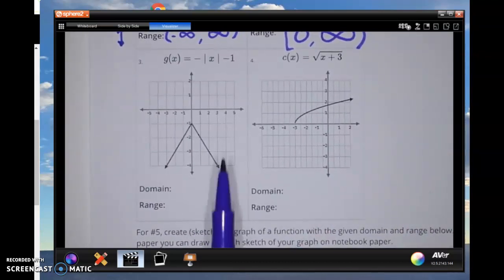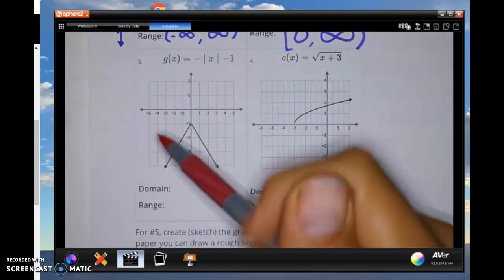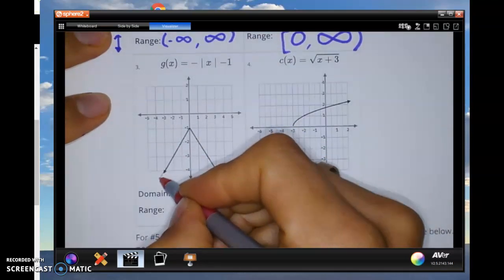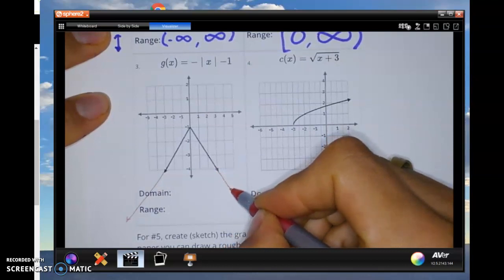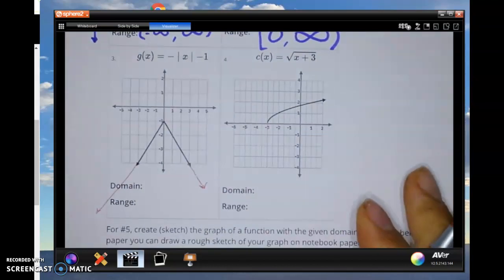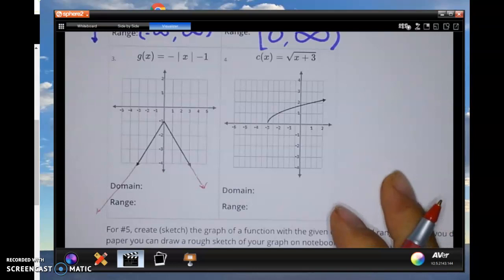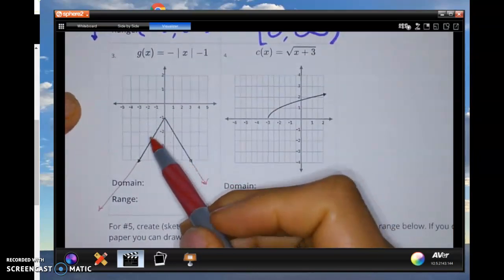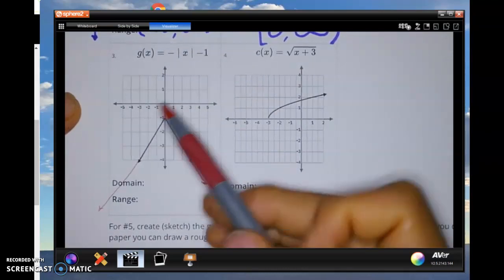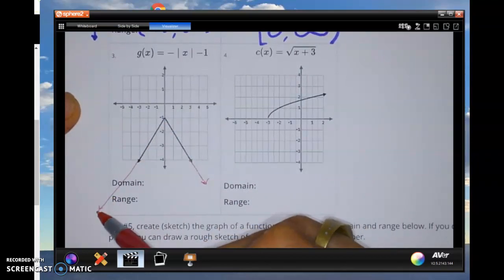When we're looking at number 3, notice again we do have arrows here. I like to draw in and extend this graph just so we can see what those arrows mean. Because of the arrows, it continues going to the left.